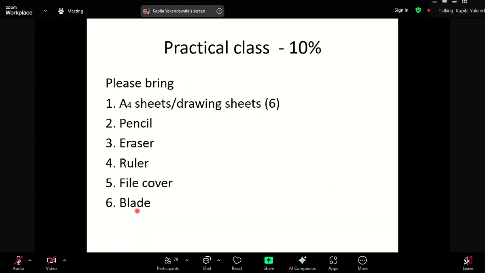So I have to maintain a certain student number. So please, if you are not coming, let me know in advance, otherwise you will face consequences, right? Because it will be difficult for us to manage a large student number for practicals.